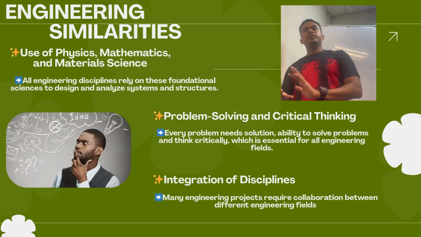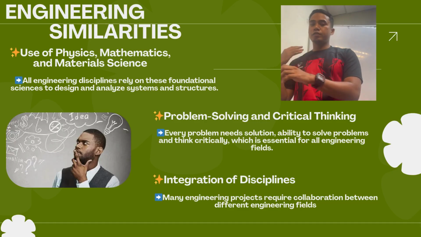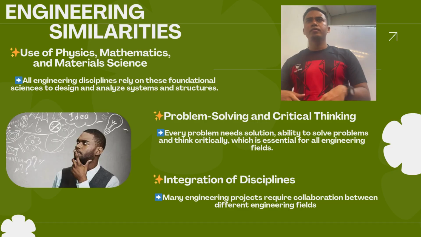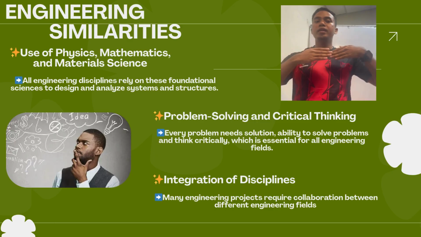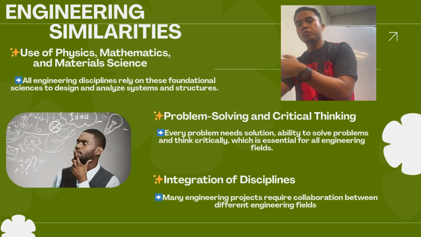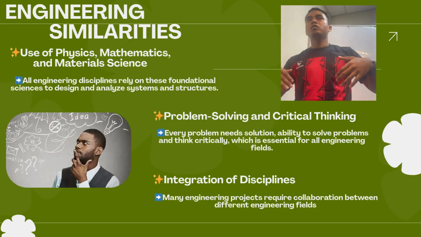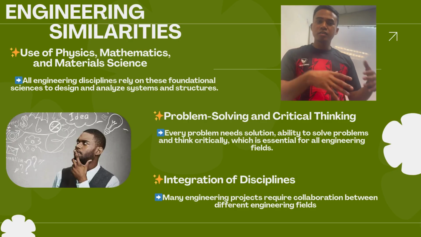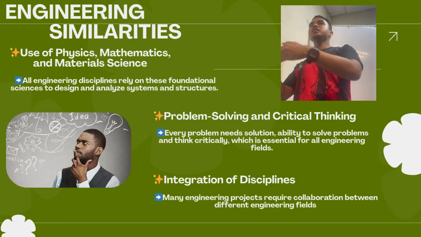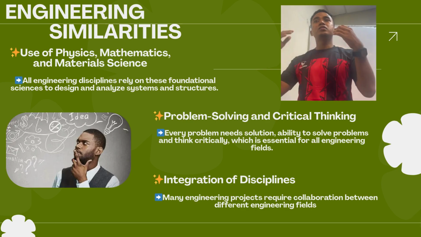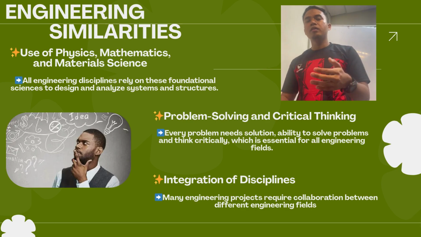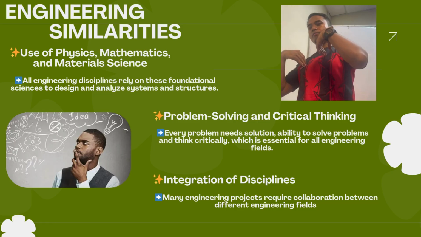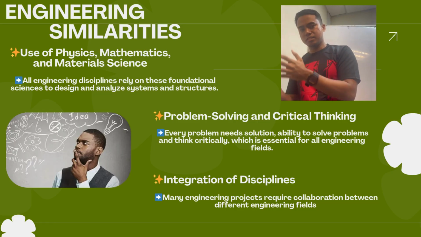Next, integration of disciplines. As humans, we need each other to complete. And also, engineers need each other in their projects. For example, if you work in mechanical engineering, you need the product.